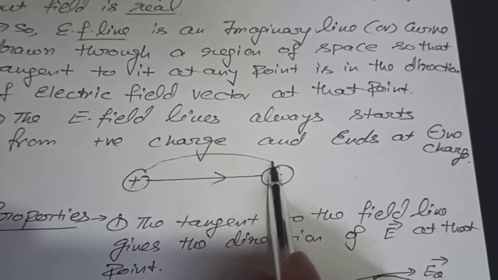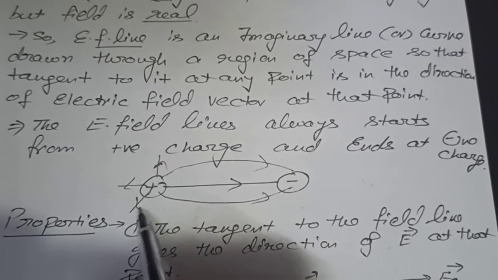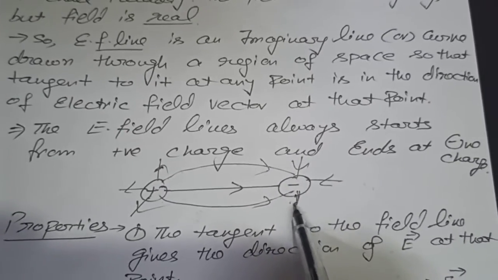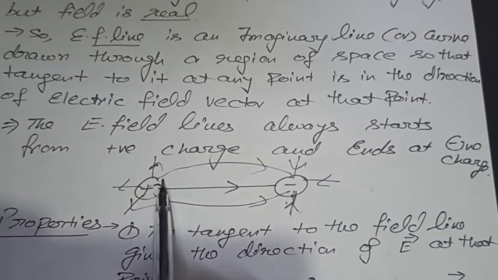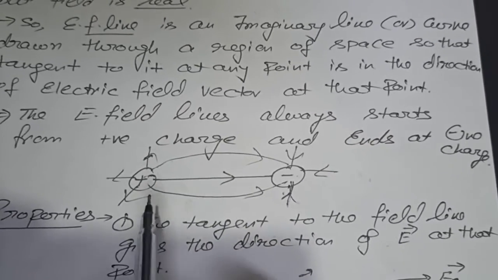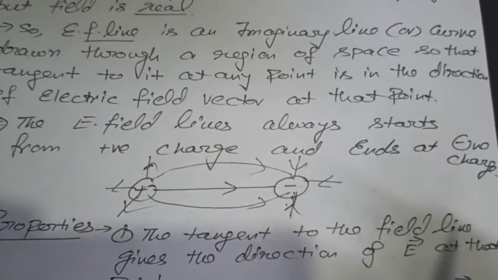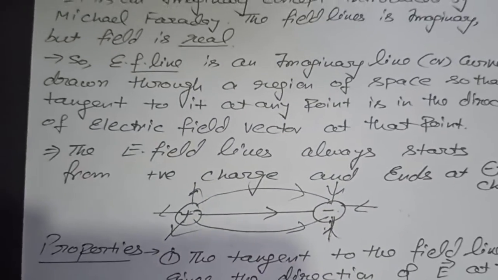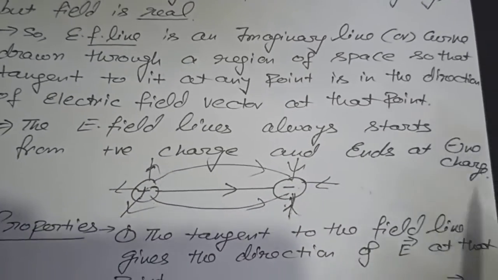Electric field lines are continuous lines, not closed lines. If a field line goes from positive to negative and returns back, that is called closed. But if it only starts from positive and ends at negative, it is known as a continuous line, not a closed one. So electric field lines always start from positive and end at negative.